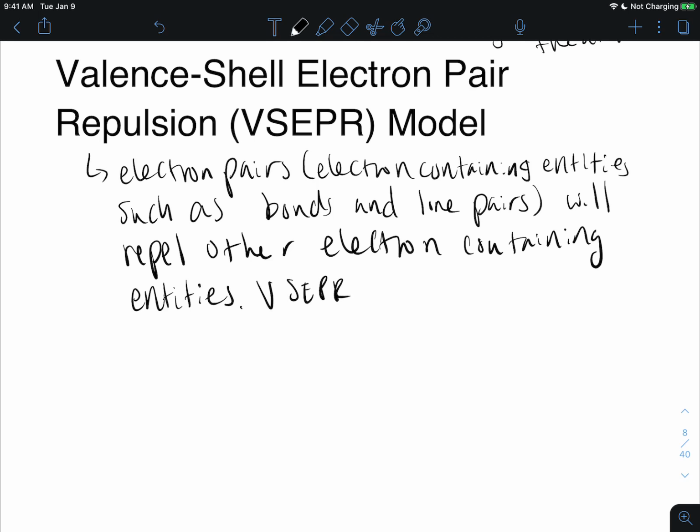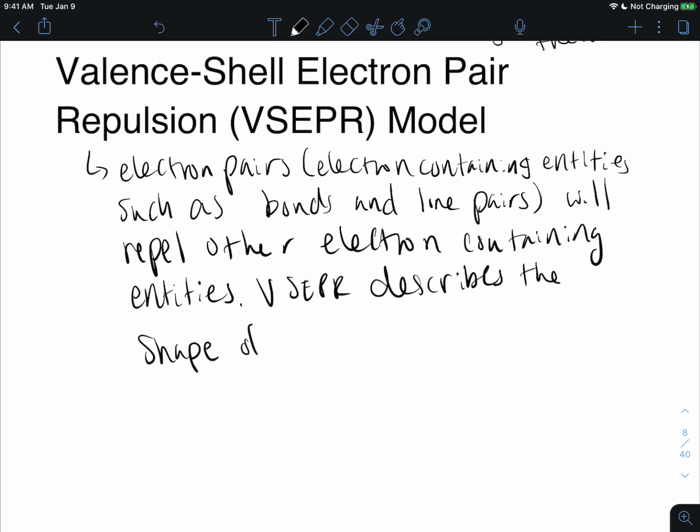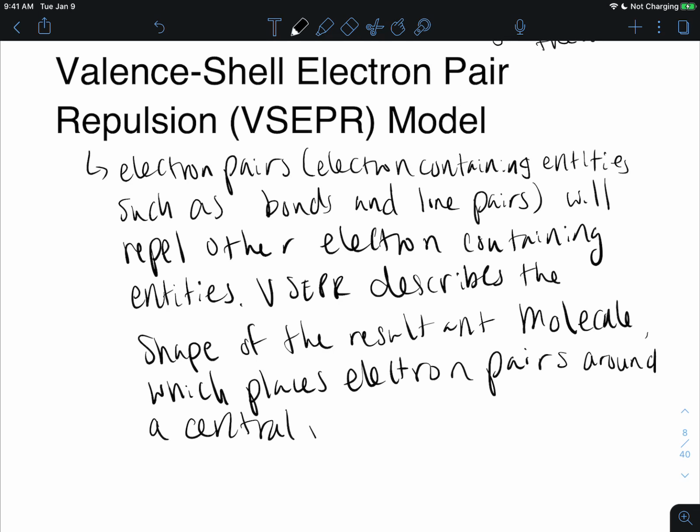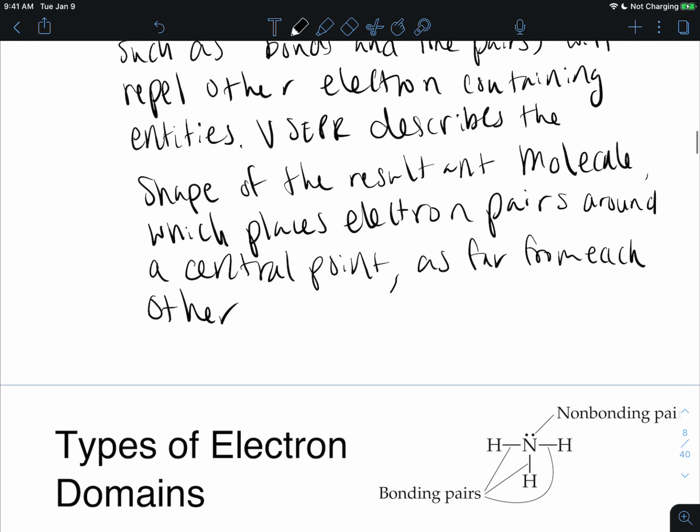VSEPR describes the shape of the resultant molecule, which places electron pairs around a central point as far away from each other as possible, to minimize repulsion.